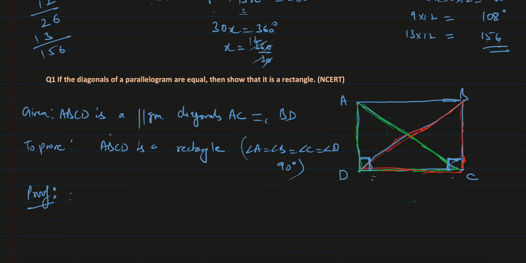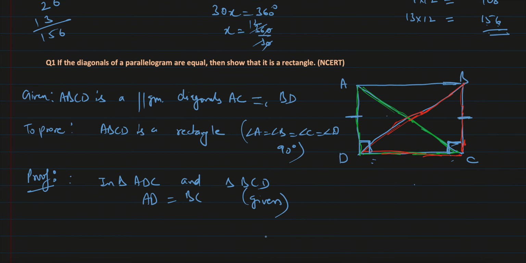Okay, so how do we prove that these two triangles are congruent? Let's begin with this. In triangle ADC and triangle BCD, what do I have? AD equals BC, given. AD equals BC. This is given to us, right? Students, DC is common.